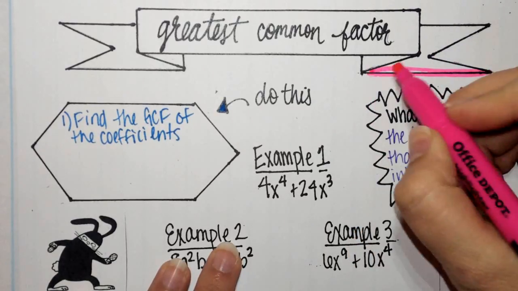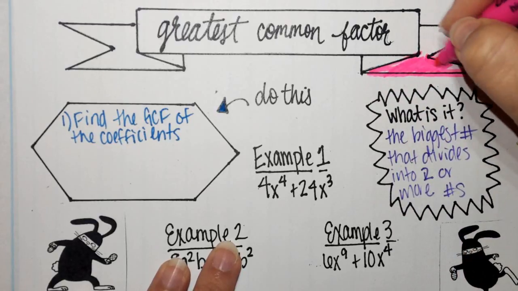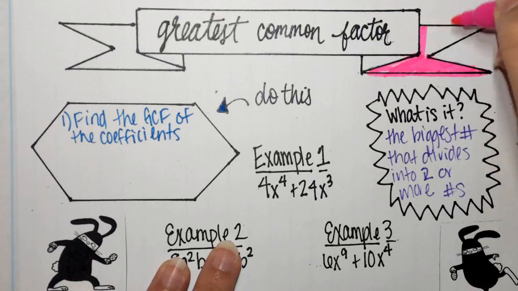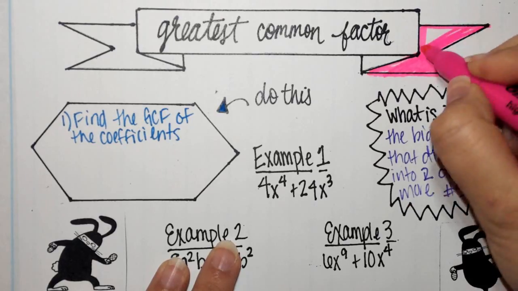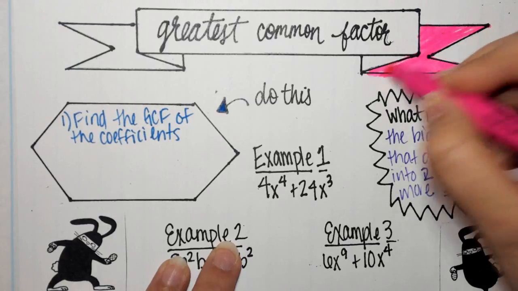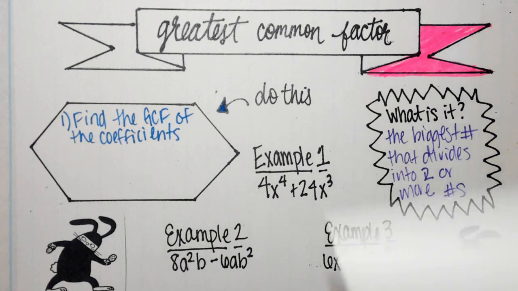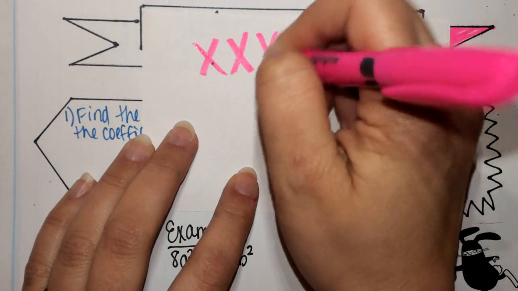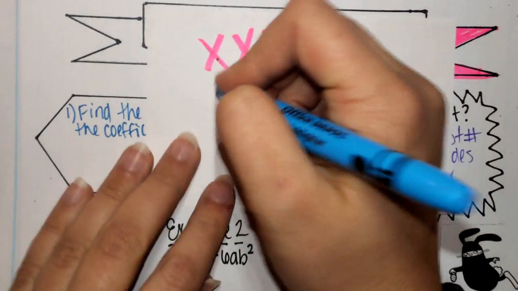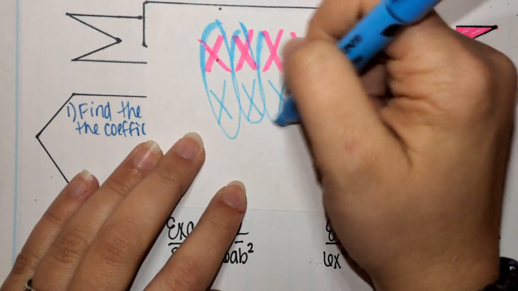Alright, so then we have to look at the variables. Now, how many x's do you think x cubed and x to the 4th have in common? 3. 1, 2, 3.